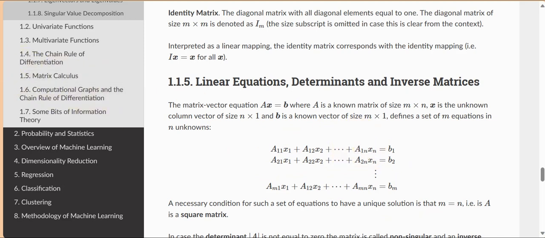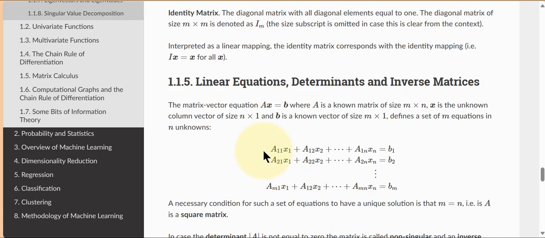That is going to come from the number of columns of A, because we're going to take the first row of A times the first column of x. Well, there's only one column of x, but anyway, times the first column of x.